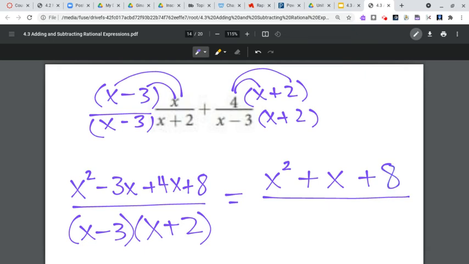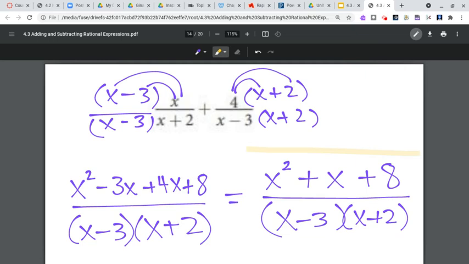I cannot factor that, so I'm going to leave it over x minus 3 times x plus 2. Now, again, you could FOIL the denominator and leave it as a quadratic. That's fine. Or you can leave it in factored form. Either way is acceptable. Final answer is here.